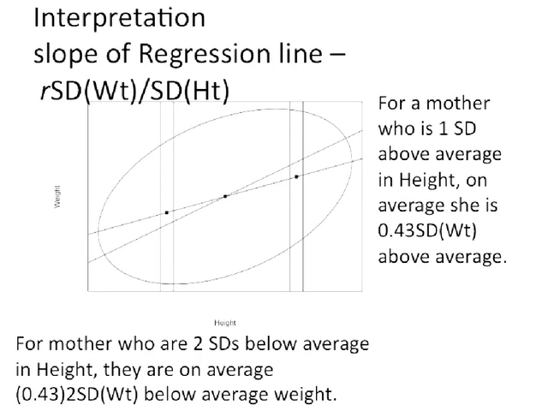So they are actually closer to the mean of weight. So that's how you can think of R times the SD of weight over the SD of height. It tells you how to work out where the mean is on this regression line.